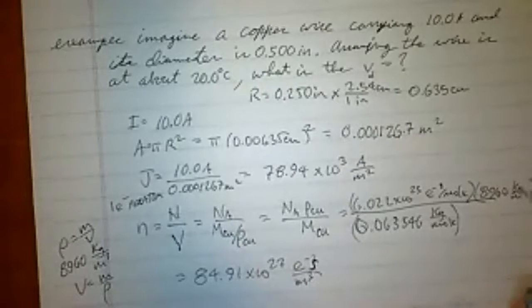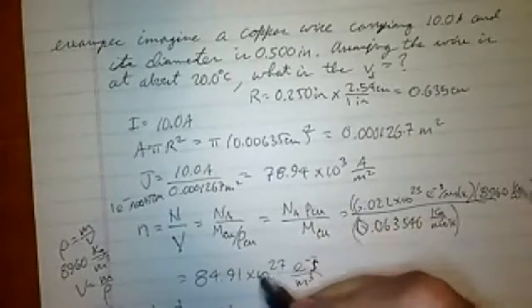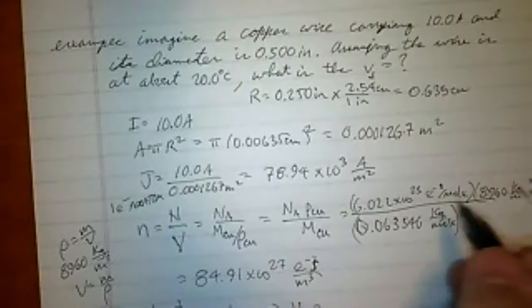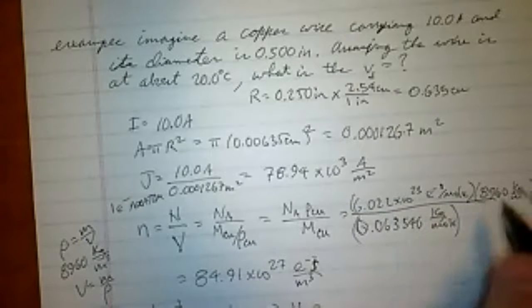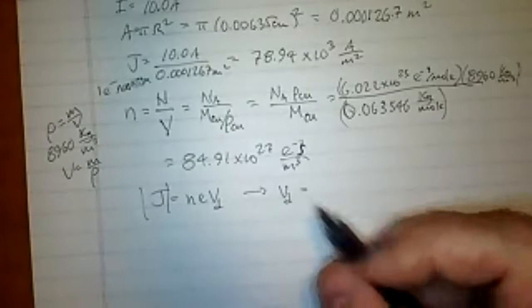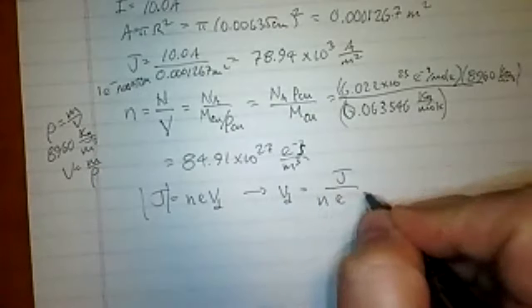Okay, so now I know J, we just derived this, J is equal to, at least in magnitude, nevd. So that tells us the drift velocity. The fact that I used this particular value of the density of copper means that the copper was assumed to be roughly 20 degrees Celsius. So the drift velocity should be equal to J divided by n times e.